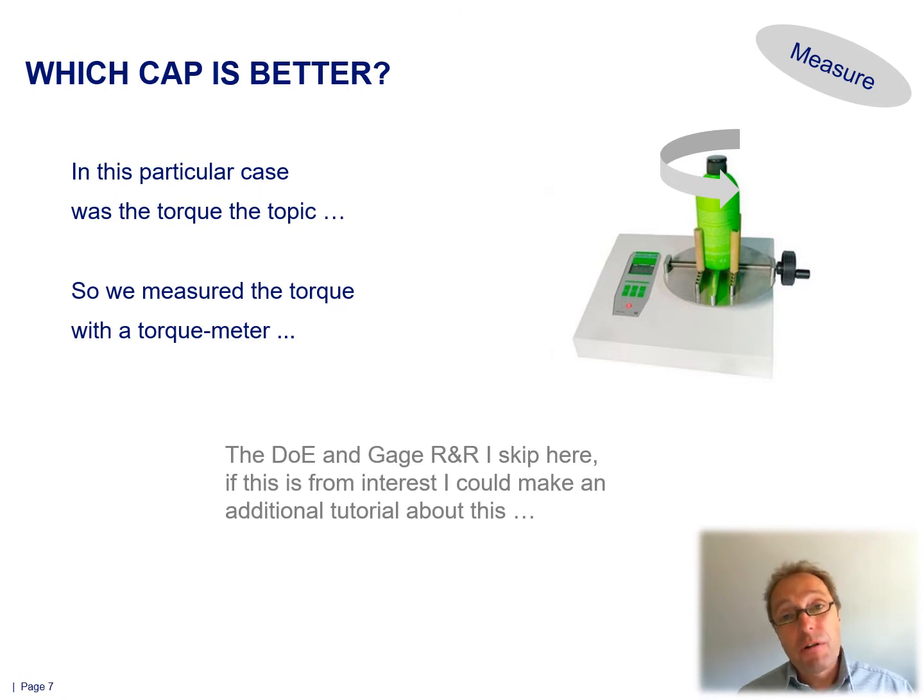In this particular case the torque was the topic, so we measured the torque with the torque meter. We have here as well the topics design of experiments, DOE, and gauge R&R, but this I will skip here. If this is of interest, let me know, then I could also make an additional tutorial about this.